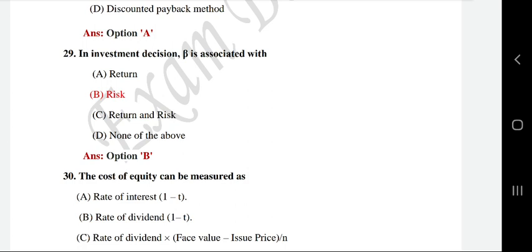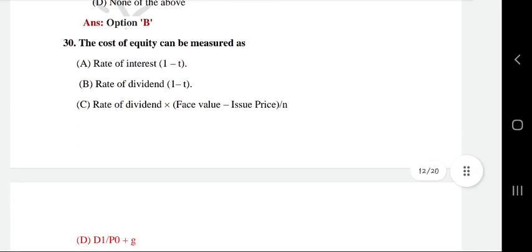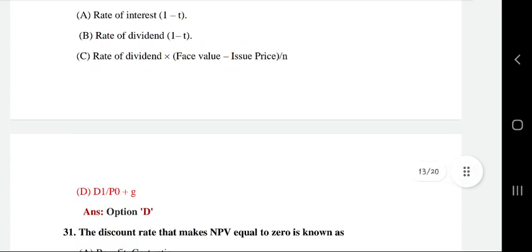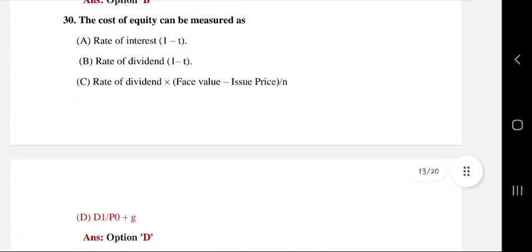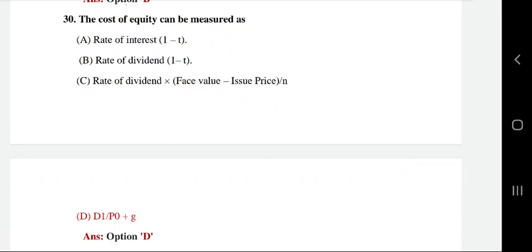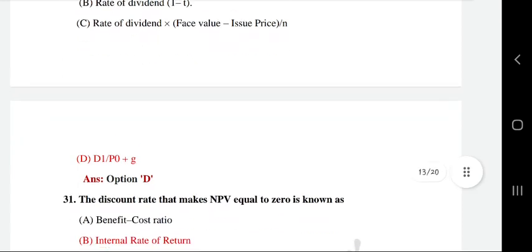Then cost of equity can be measured as, option D is the answer, D1 by P0 plus g.